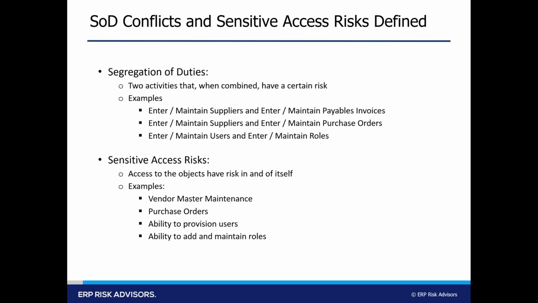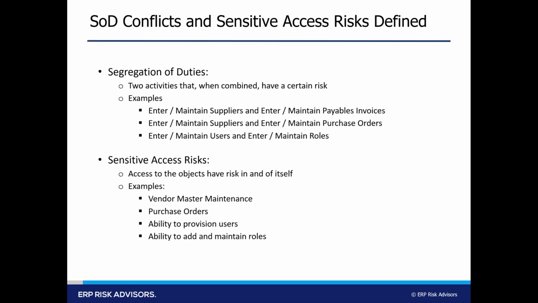If there is an SOD conflict, it's usually because somebody has access to one side or the other that they shouldn't. So it's a buyer having access to suppliers, or it's an AP clerk having access to purchase orders where they shouldn't. So that's why we take a sensitive access risk approach first and a segregation of duties risk second.